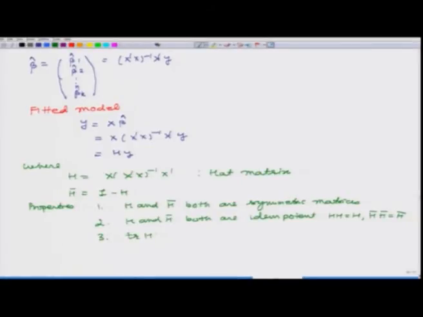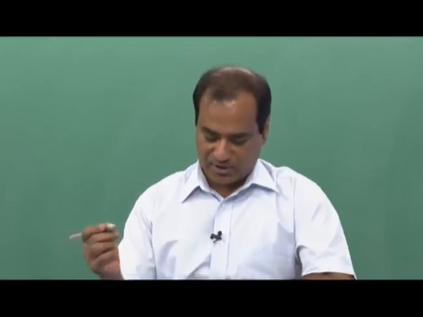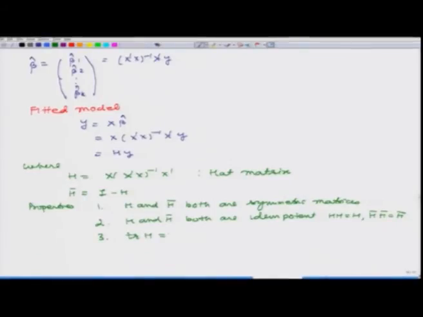Third important property that we are going to use is the trace of H. Trace is the sum of the diagonal elements of a matrix. So, trace of H is trace of X transpose X whole inverse X transpose, and we have a popular result in matrix theory that trace of AB is equal to trace of BA, where A and B are two matrices whose product is well defined.